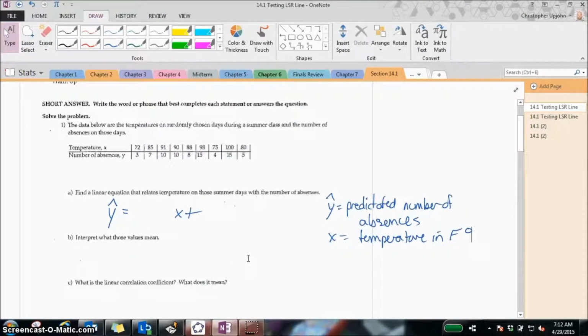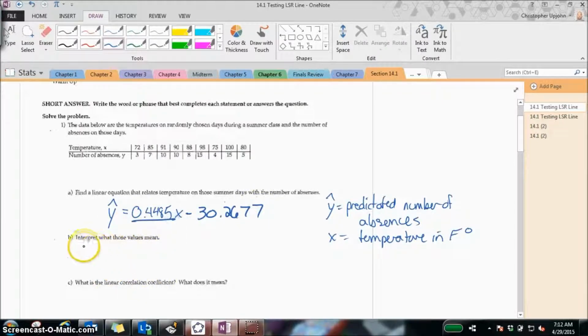Our equation is 0.4485x plus, actually not plus, it's minus 30.267. What do those values mean?